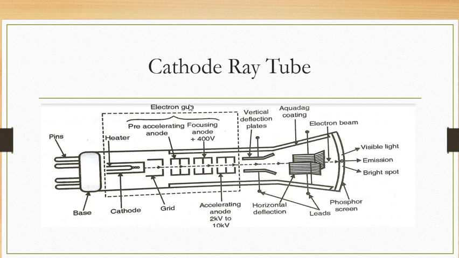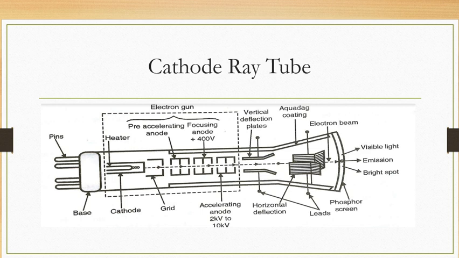Inside the CRO the CRT is very important, and inside the CRT the electron gun is very important. Let's see the different parts of this cathode ray tube, which we have to study in detail. I think one lecture or more than that is required to study this.